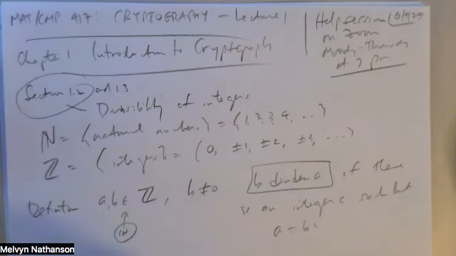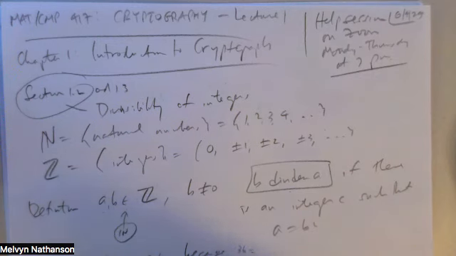So for example, 9 divides 36 because 36 is 9 times 4. 7 divides 1001.